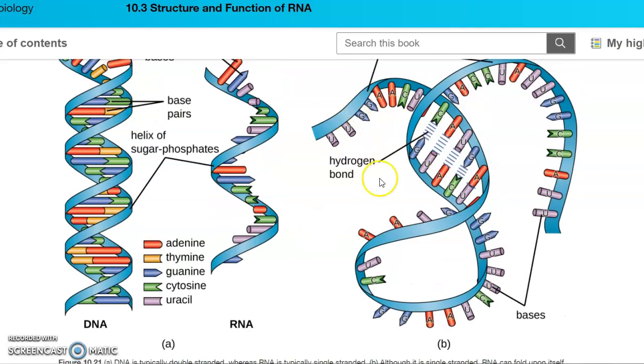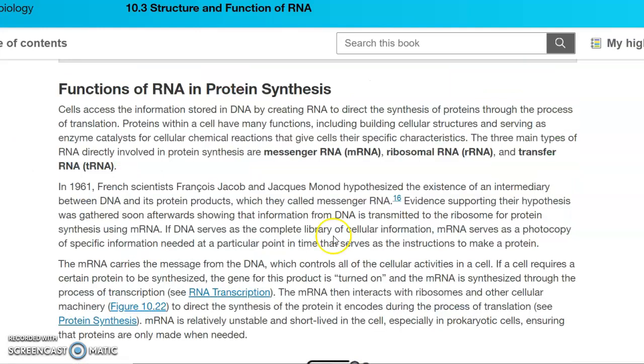Now, it can fold upon itself. And if it does that, the complementary bases are still going to pair. Cytosine and guanine are going to pair, and since there is no thymine, adenine is going to pair up with uracil, and so they can form bonds there. So it can create this crumpled 3-dimensional structure by folding back on itself.